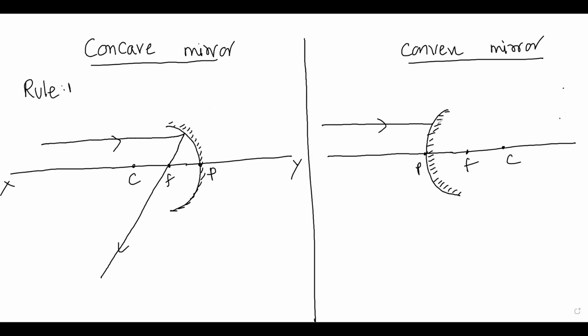In case of a convex mirror, it will reflect in such a way that it appears to be coming from the focus. This is the difference between convex and concave mirror as far as rule 1 is concerned.